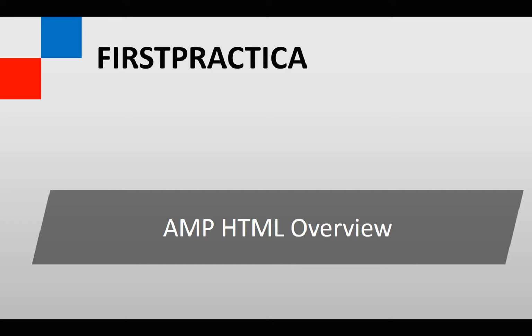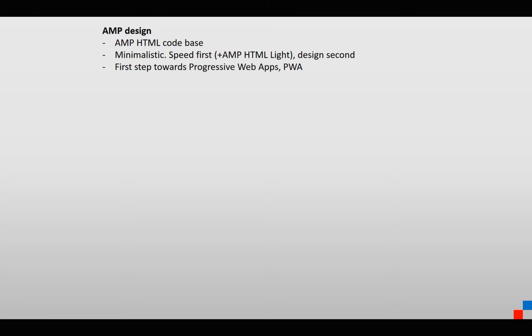HTML5 has brought lots of improvements in terms of speed already, but also capabilities to run things more lightly and more nimbly in a web browser, replacing, for example, Adobe Flash, a very heavy plugin by Adobe to run videos. And now you can run videos in HTML5 much faster. But then AMP HTML is a new code base that takes it one step further, maybe two steps further. And we're going to be looking at that today.